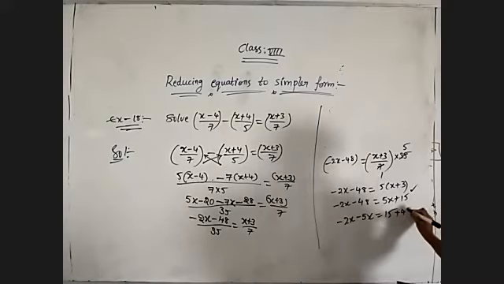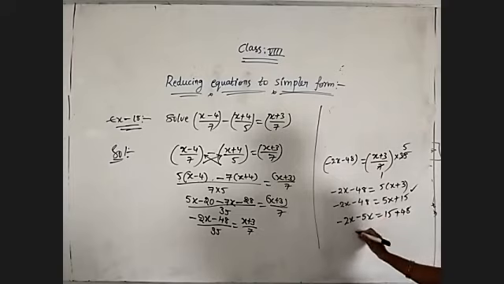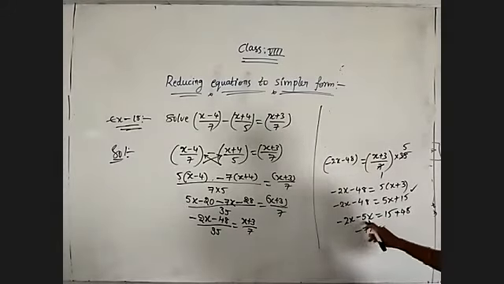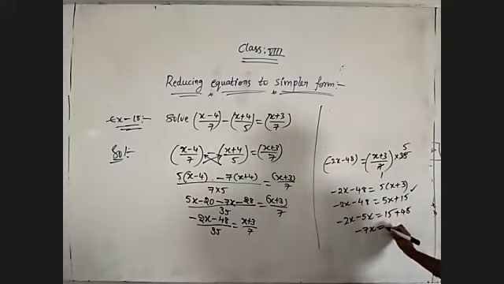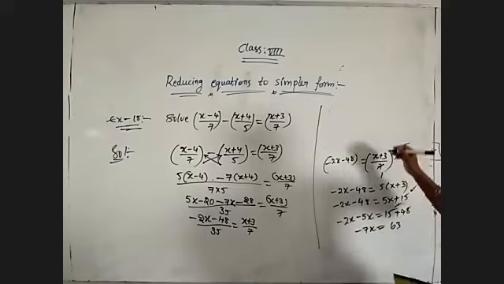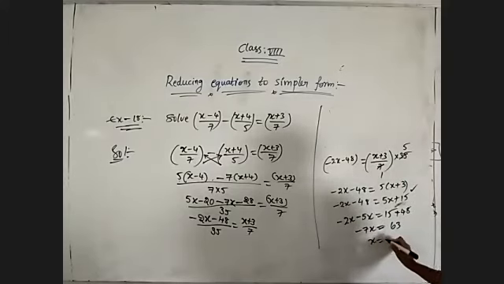So minus 7x, both are minus values so we add, 2 plus 5 is 7, so minus 7x. 15 plus 48 is 63. Then x equals 63 by minus 7. 7 nines are 63, so x is equal to minus 9.